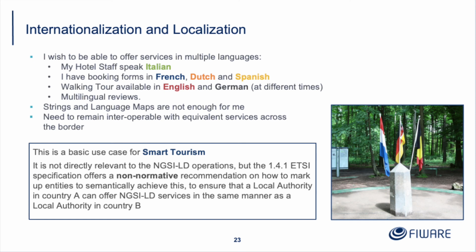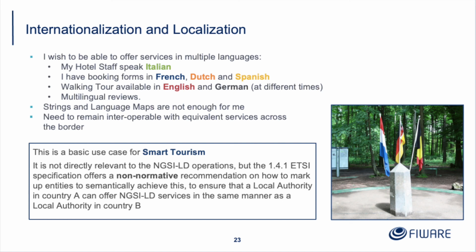Saying my hotel staff speak Italian is useful information, or I have booking forms in multiple languages, or we have the same walking tour around the city available in English and German, or we have reviews in multiple languages, and so on and so forth. You need to be able to keep the standard data model defined so you're interoperable across borders, but you need to be able to extend it to give additional information to mark up how the information can be dealt with.